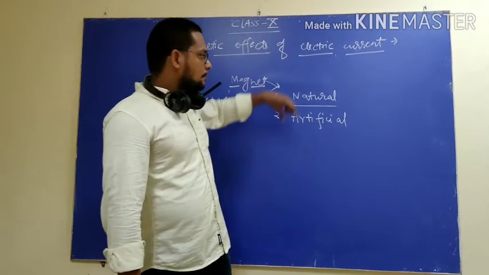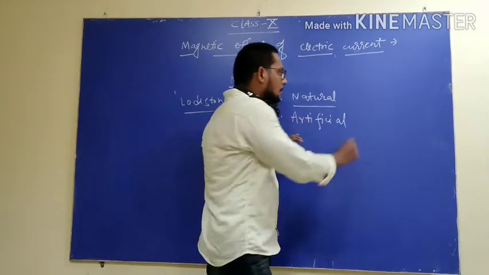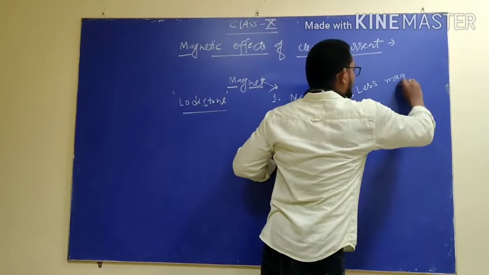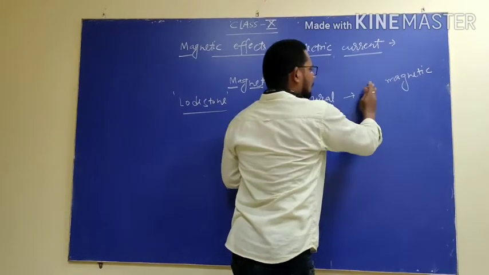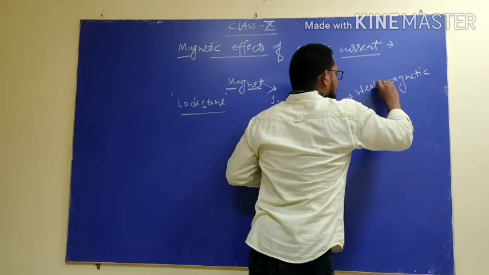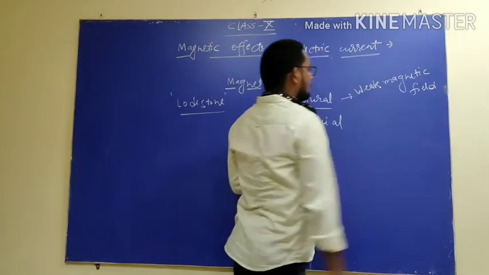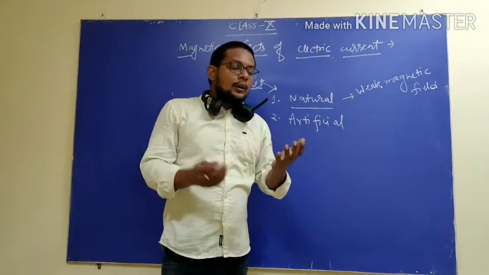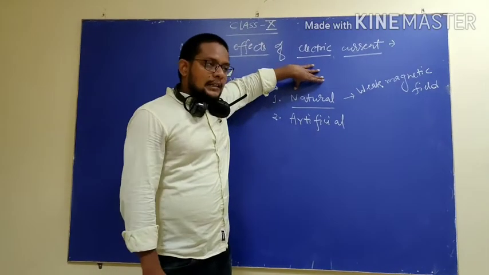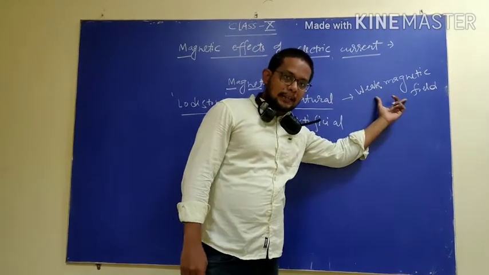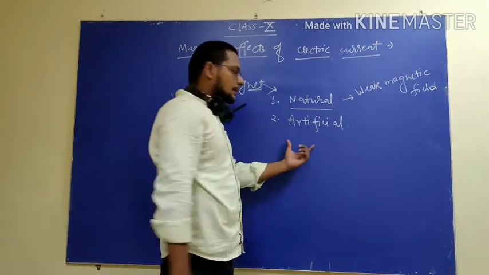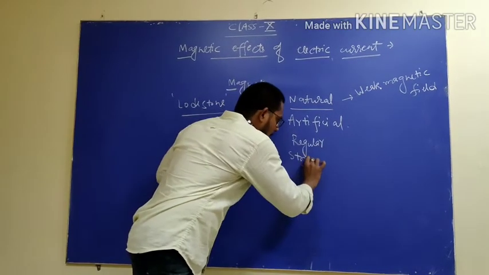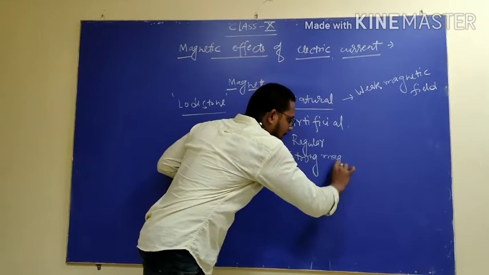So, if we have natural magnets, why do we need artificial magnets? Look, dear students, natural magnets have a weak magnetic field, and their shape is very irregular because they occur naturally. Whereas artificial magnets have regular geometry as well as a strong magnetic field.